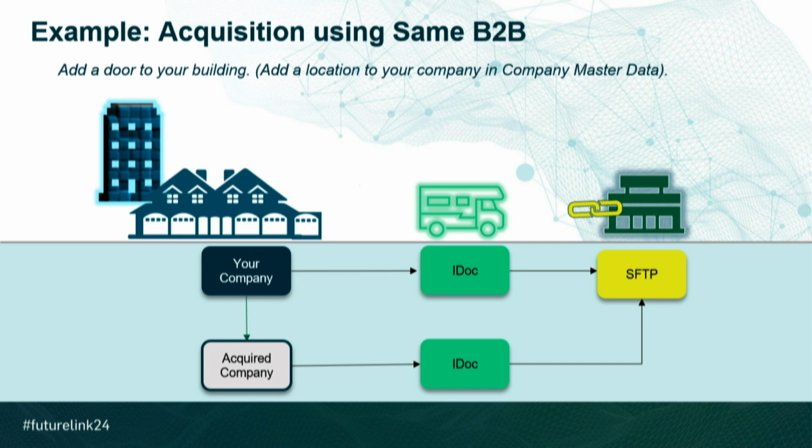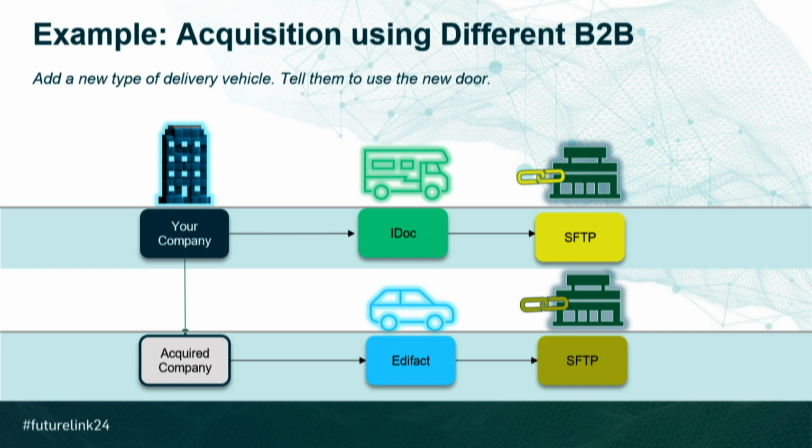You would just add your location to company master data, and TraceLink would know that that location is associated with your company, and that those identifiers are part of your company. That's pretty straightforward. With a more complex situation, if you've got a different protocol, ERP, or file format, you need a new B2B connection, and you'll need that for the choreography.